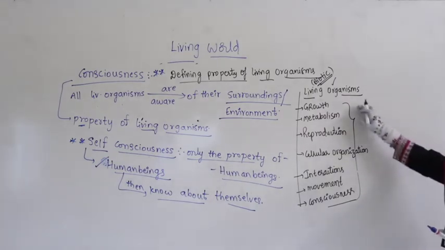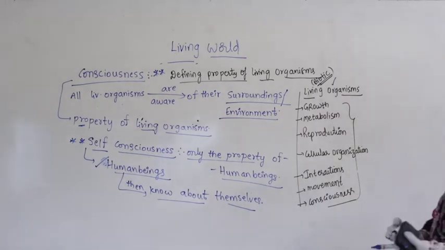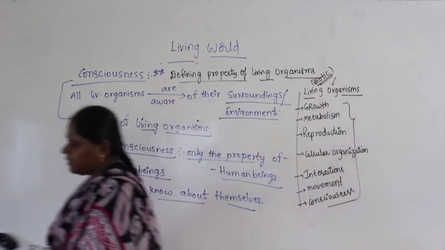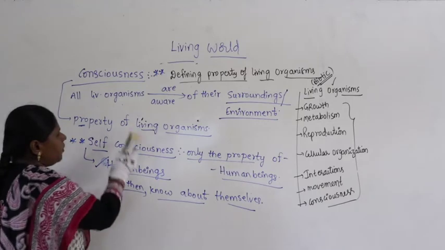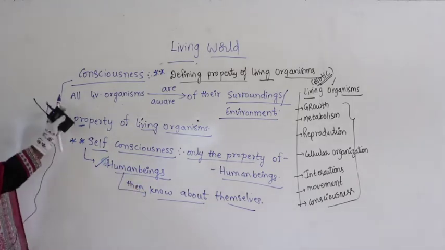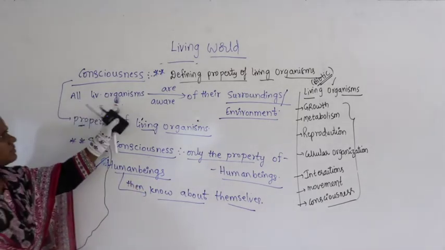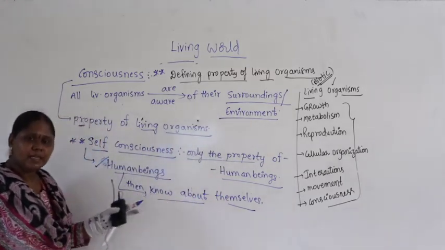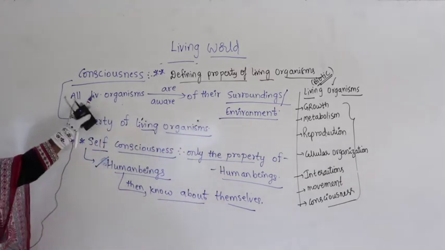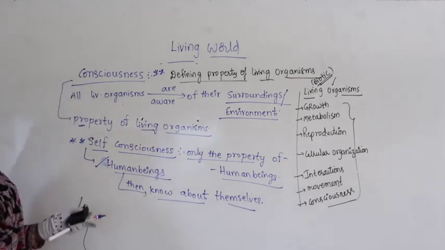So, after we discuss all these parameters, now let us come back to the definition part. Once again, they define a living organism. I hope you got this right. What is consciousness? All living organisms are aware of their surroundings and environment. What is happening in the environment? The organism knows, that itself is called consciousness, right.